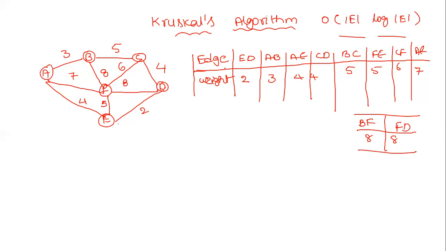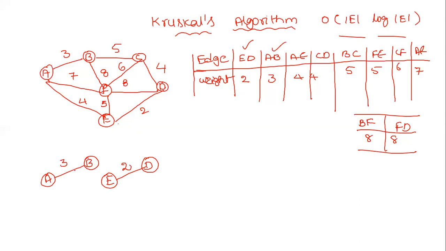If an edge forms a cycle, simply ignore it and move forward. First we connect ED, which is 2, so this edge is connected. After that AB, that is A and B, connected in the second step with weight 3.